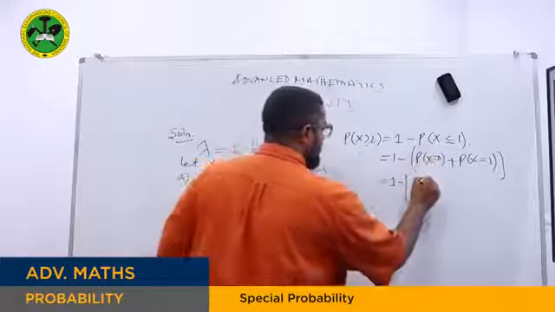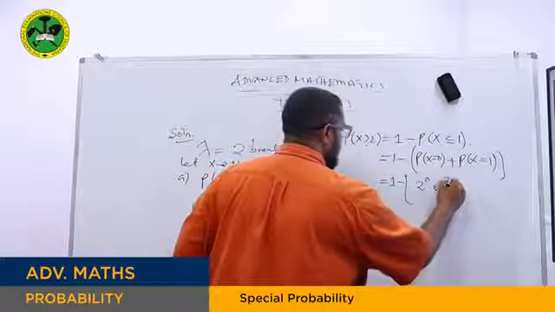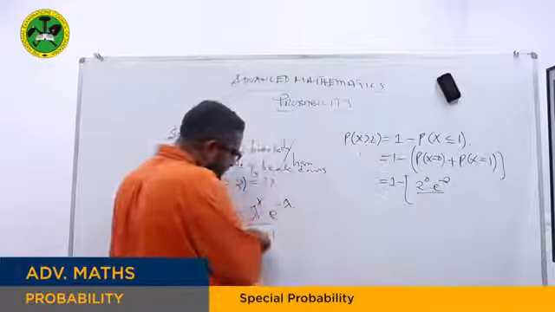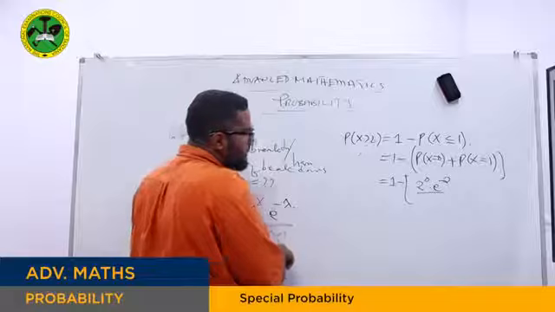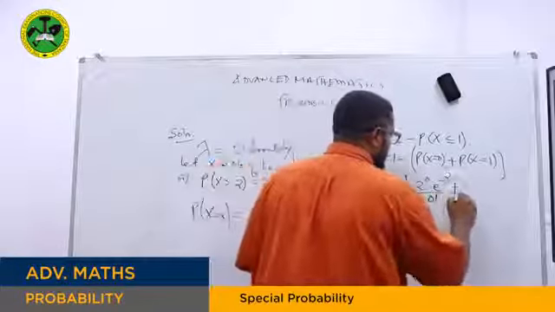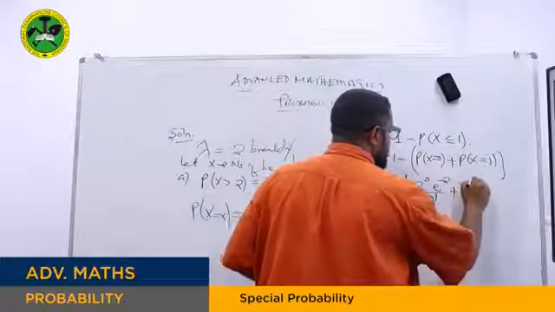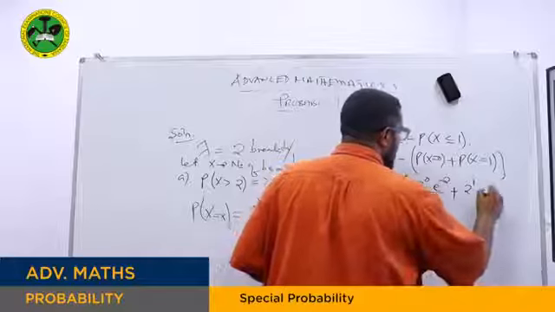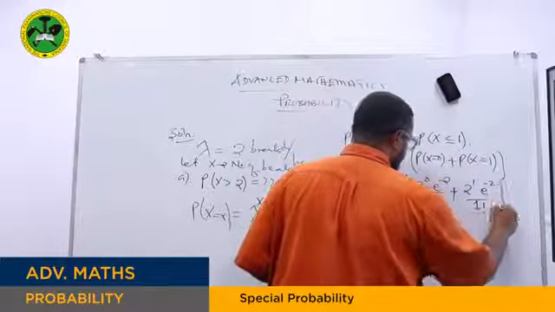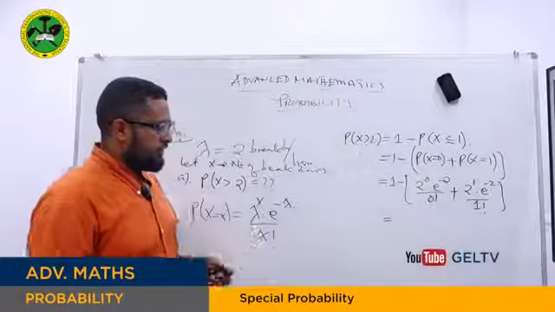Our x is 0, times e to the power of negative 2, divided by 0 factorial. We plus, when x now equal to 1, it will be 2 to the power of 1, again e to negative 2 divided by 1 factorial. From there, it's very easy.